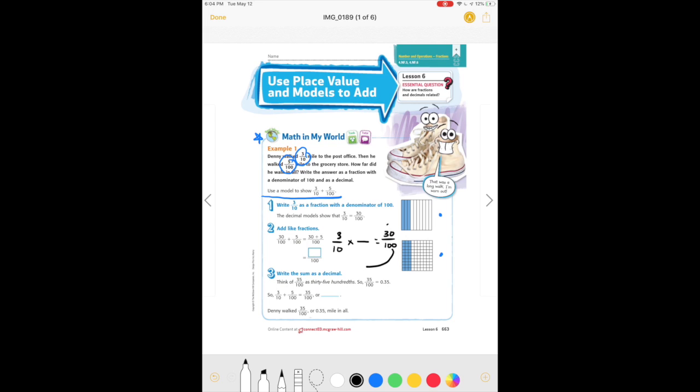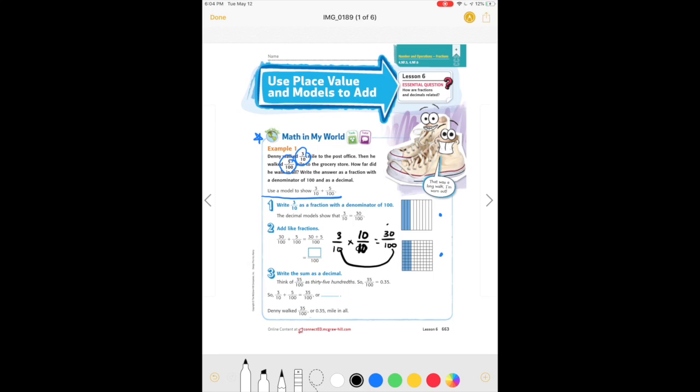Well, we can take 100 divided by 10. 10 times what number gives me 100? Or how many groups of 10 do I need to make 100? Well, let's do 100 divided by 10 because that's the easiest. 100 divided by 10 is 10. So if I multiply the bottom by 10, I also need to multiply the top by 10. All right, so 3/10 becomes 30/100.